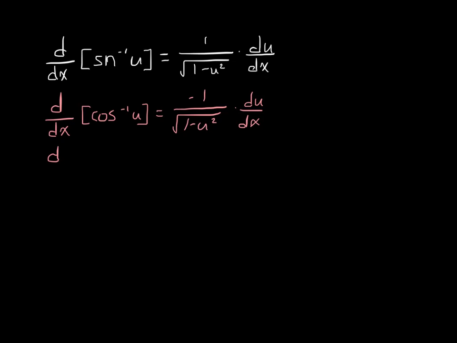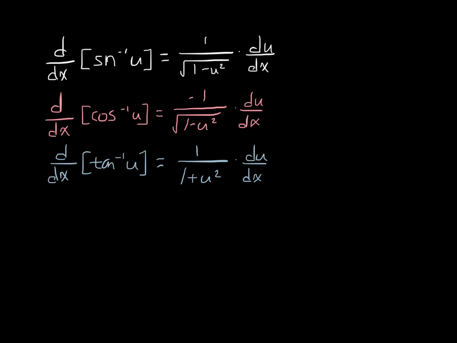The derivative of inverse tan of some function of x is going to be 1 over 1 plus u squared, du dx.